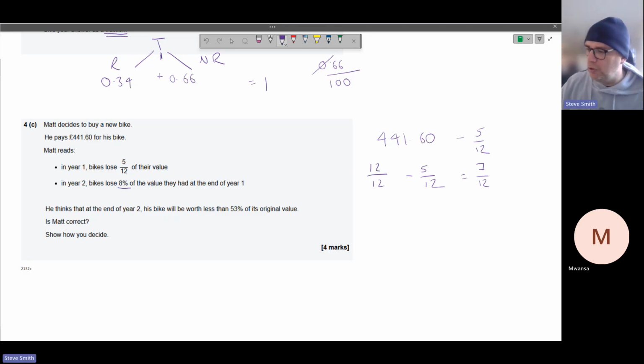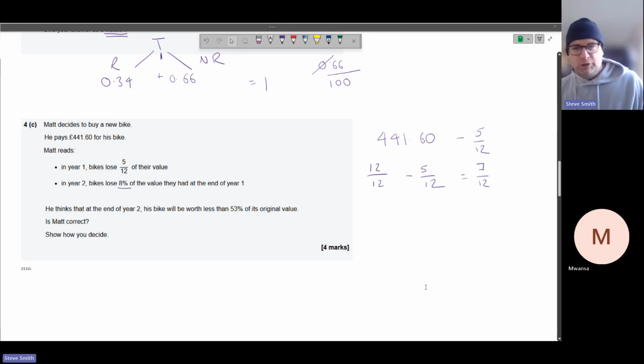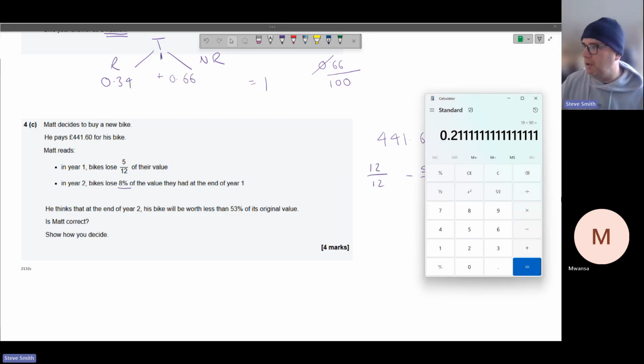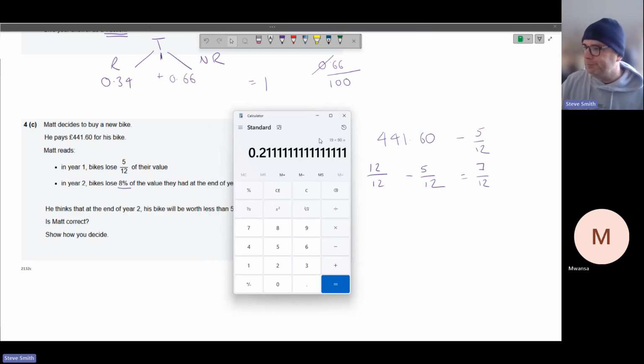I can work it out two ways, and it matters not which way around you work it out, because you're still going to come up with exactly the same answer, but it just saves a little bit of working out. So 441.60 is what his bike's worth. We're going to have to split it into 12 pieces anyway, because it's 12ths.